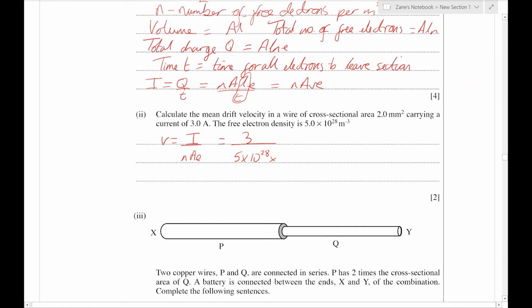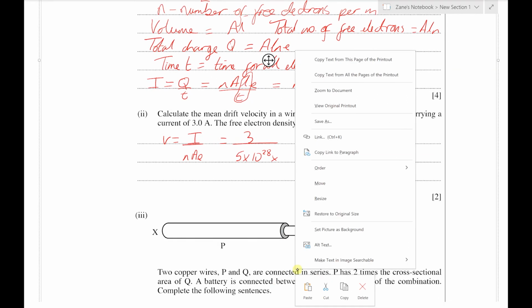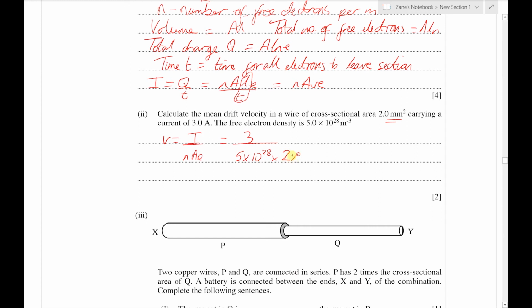Now the area is the bit where people go wrong. That area is millimeters squared, and a lot of people, as soon as they see milli, think that milli is 10 to the minus 3. But this isn't millimeters, this is millimeters squared. So we have to multiply by 10 to the minus 3 squared, which is 10 to the minus 6. Charge of the electron is 1.6 times 10 to the minus 19 coulombs.